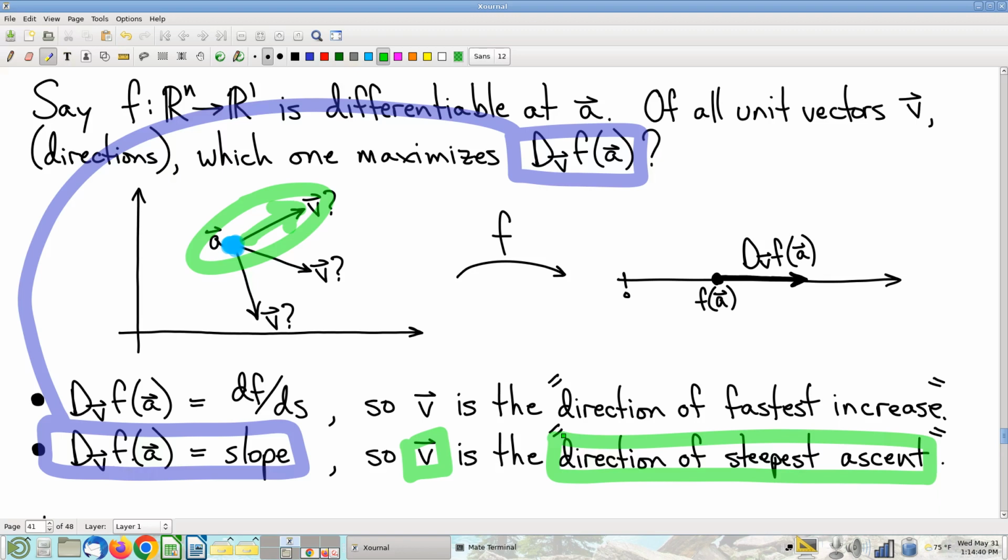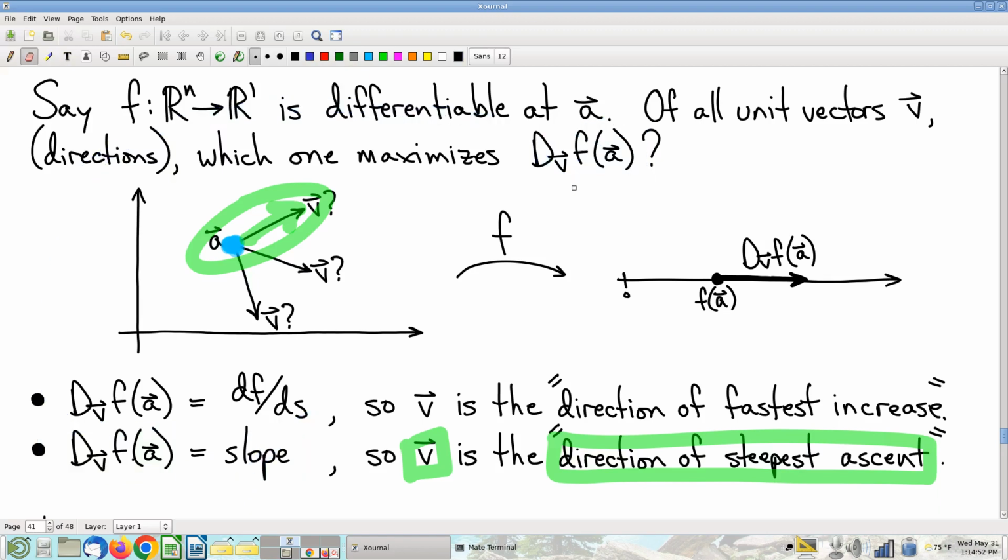Again, just interpreting reasonably from the fact that the thing you're trying to maximize is what you might call steepness. So both of these terms are out there. They're both reasonable.